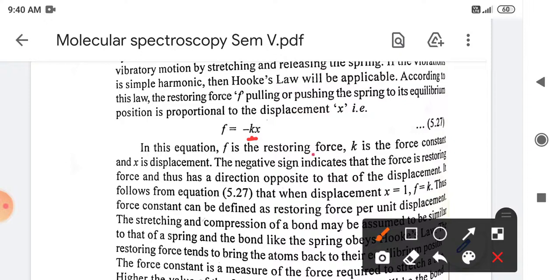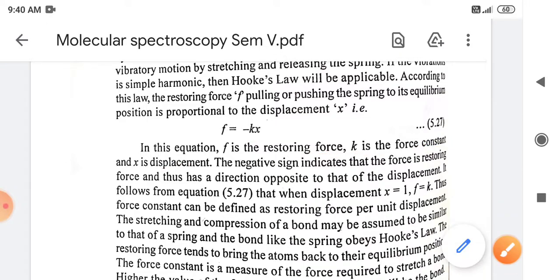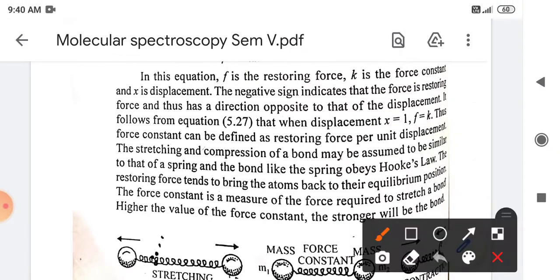In this equation, F is the restoring force, k is the force constant, and x is the displacement. The negative sign indicates that the force is the restoring force, and thus its direction is opposite to that of the displacement. Thus, when the displacement is equal to 1, the force constant becomes what?